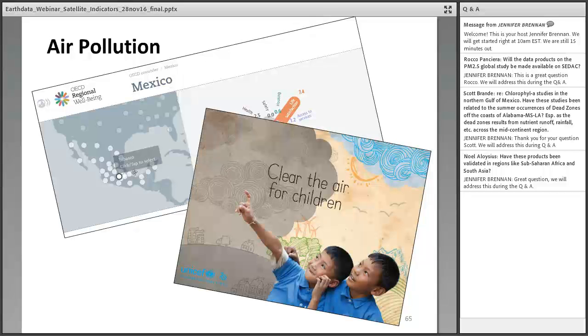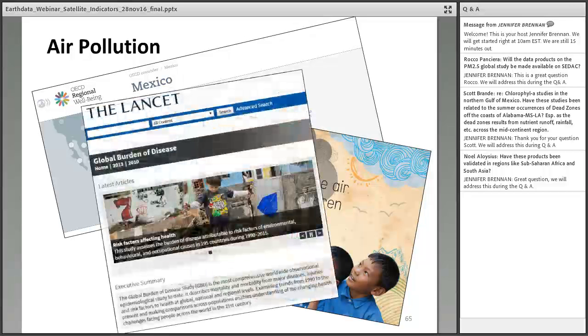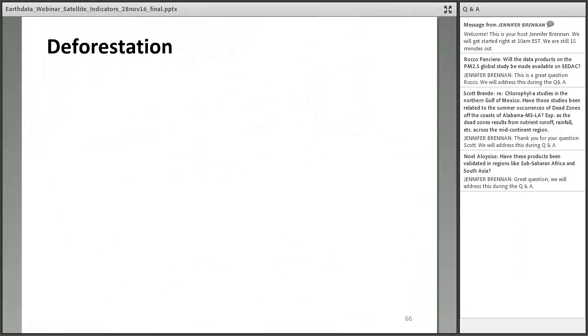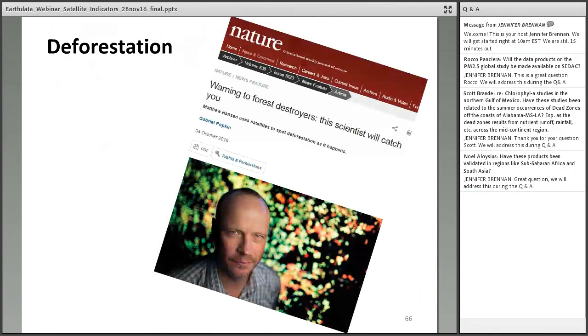UNICEF has developed a report on clean air for the children, which heavily relied on these satellite data. And I think one of the greatest impacts of the PM2.5 work was the incorporation in the Global Burden of Disease study, which measures environmental risk factors, and they relied very heavily on the PM2.5 and NO2 data.